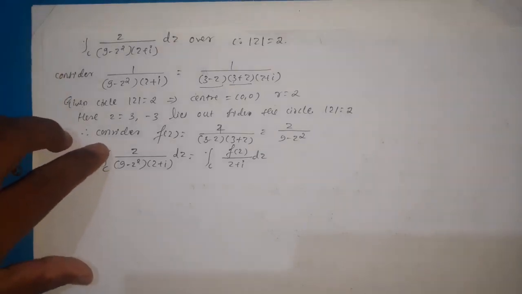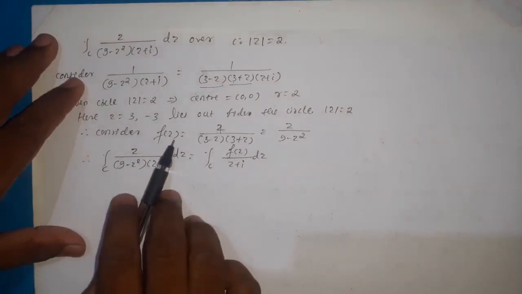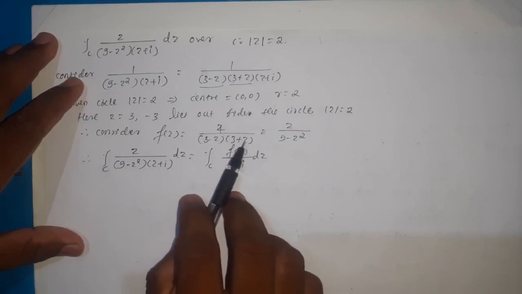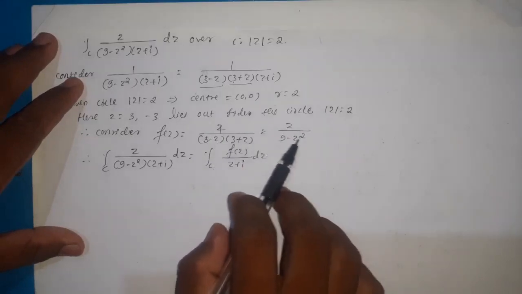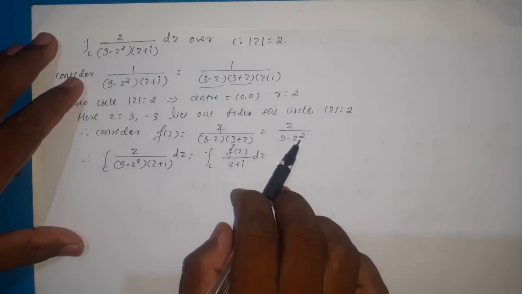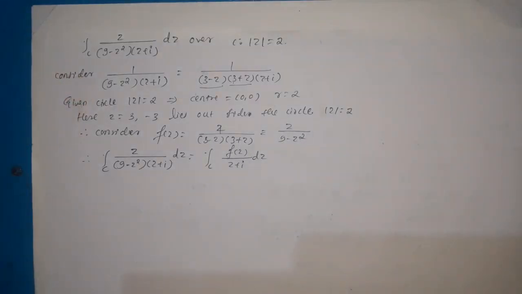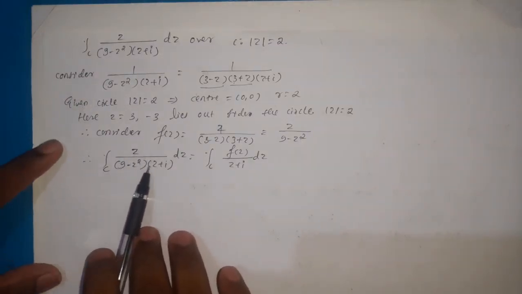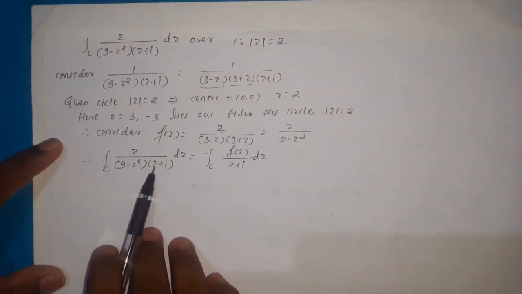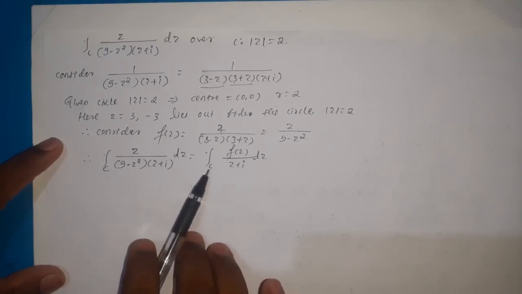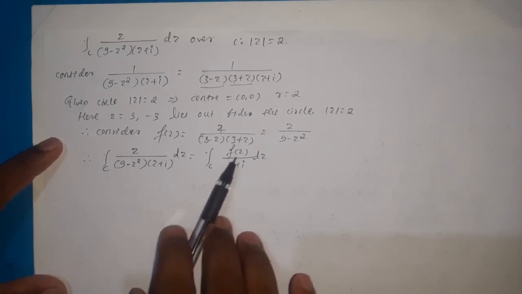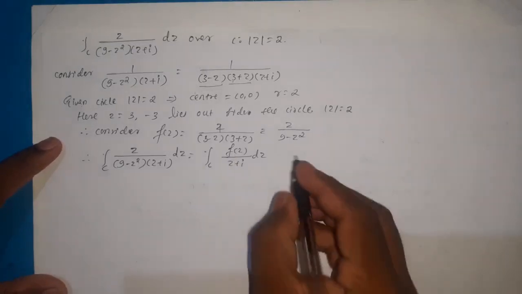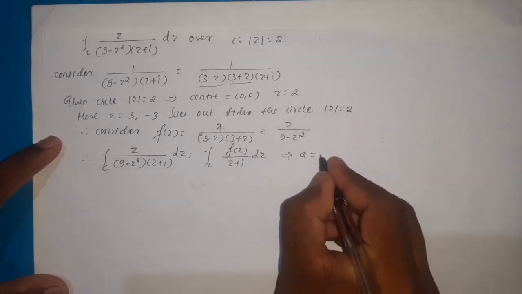Therefore, now consider f of z equal to the numerator z divided by 3 minus z into 3 plus z, which is equal to z by 9 minus z square, right. Then the integration over c of z divided by 9 minus z square into z plus I, which is the given integral, can be considered as integration over c of f of z divided by z plus I. Here the value of A is equal to what?